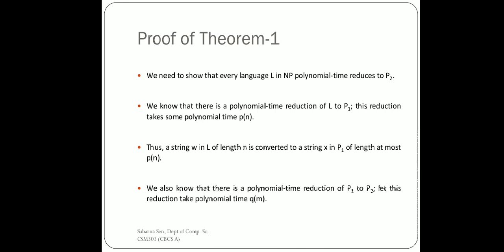We need to show that every language L in NP polynomial time reduces to P2, right? Now we know that there is a polynomial time reduction of L to P1 and this reduction takes some polynomial time p(n). Fine. Thus a string w in L of length n is converted to a string x in P1 of length at most p(n).